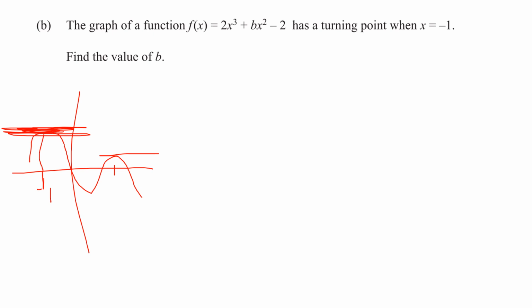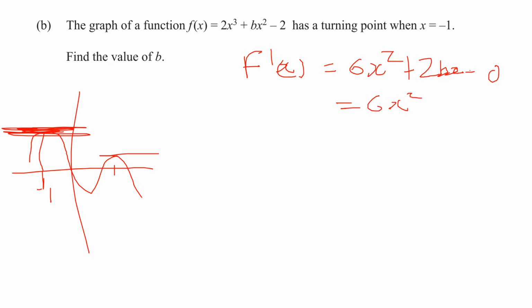So what we do is we just find our f prime, which is equal to 6x squared plus 2bx. So that's it. There is nothing else there, because, well, minus 0 if you want, because this becomes a 0, so it's equal to 6x squared plus 2bx.